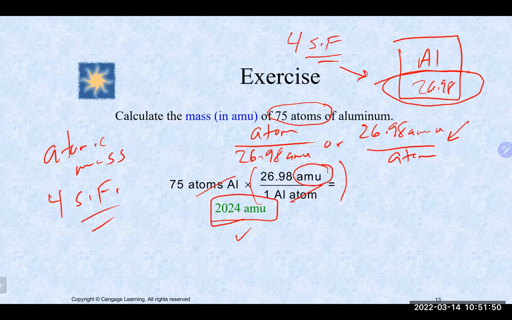Depending on your periodic table, you may see a lot more numbers underneath each element for the atomic mass, so you want to round to four significant figures. Sometimes you may even see fewer numbers, like for hydrogen, it's 1.01, which is odd, but that's rounded to three. But most of the time, four significant figures is what you want to use.